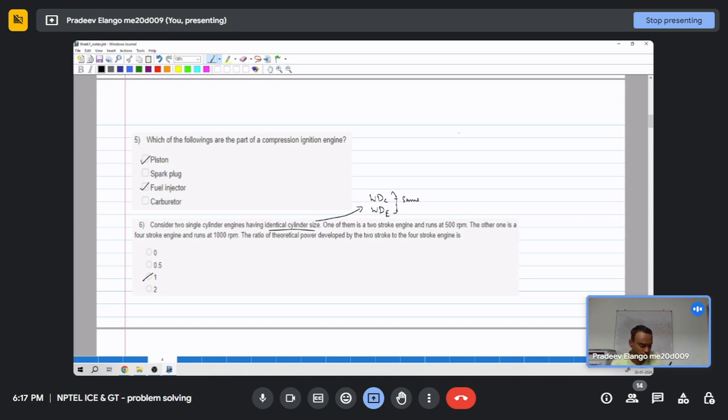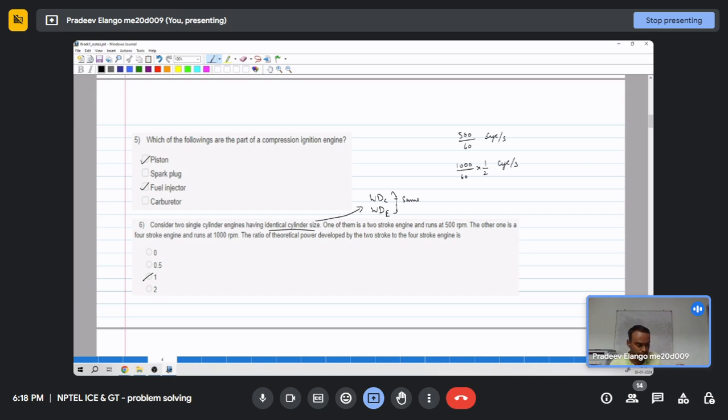For a two-stroke engine at 500 rpm, every rotation is one cycle, so 500 by 60 is the cycles per second. Similarly, for the four-stroke engine at 1000 rpm, there are 1000 by 60 rotations per second. But every two rotations is one cycle, so you put a factor of 1 by 2 to get cycles per second.